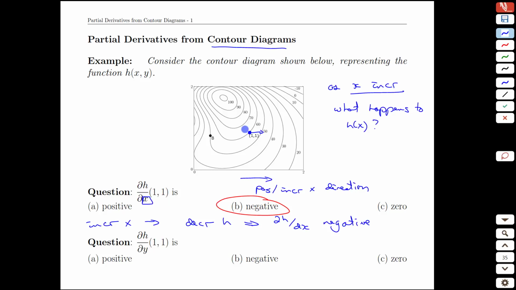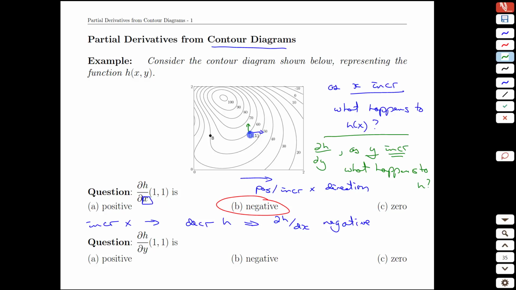With that in mind, take a stab at the y direction, or the y derivative, and we'll see what that is. All right, all the same logic. If we're looking at the partial derivative of h with respect to y, what we're asking is, as y increases, and again, it's always an increased step to keep the signs positive, what happens to h?